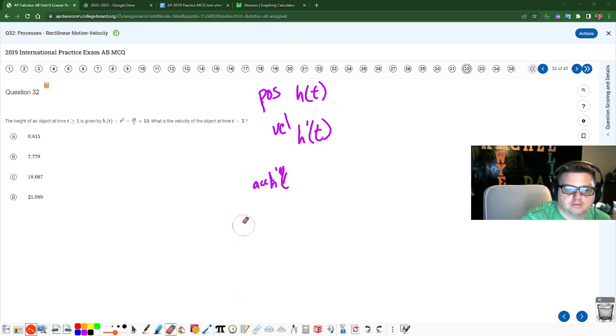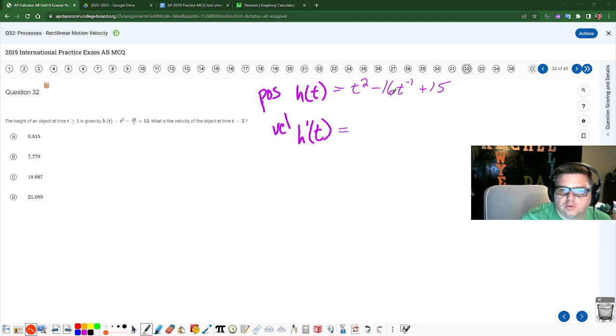But we don't need that, so I don't want to put it in case it gets in our way. Only looking at h prime. So what is h of t? h of t is t squared minus 16t, or as I like to write it, 16t to the negative 1 plus 15.